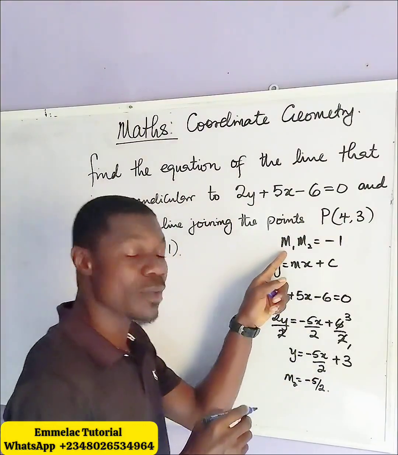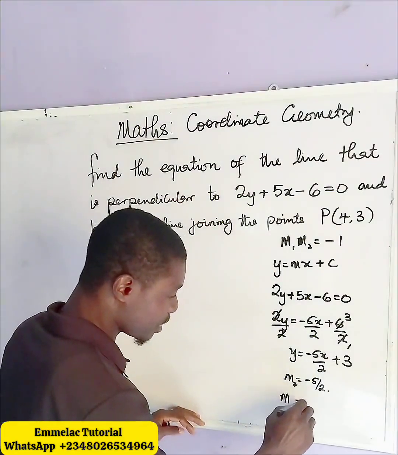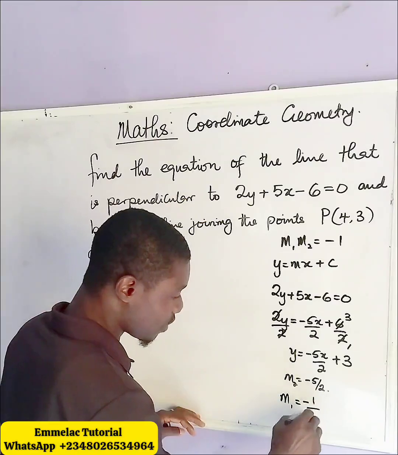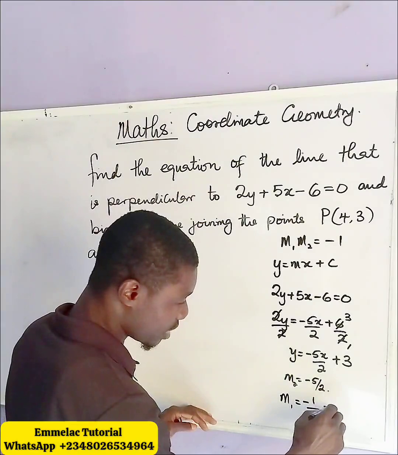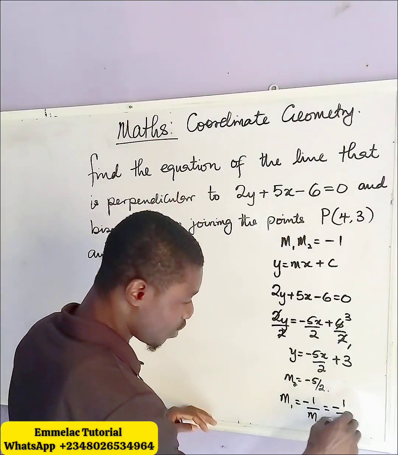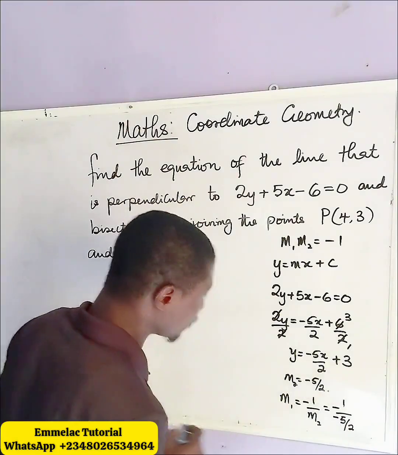So if I make m1 the subject of the relation, m1 will be negative 1 all over m2, which is negative 1 all over negative 5 all over 2.